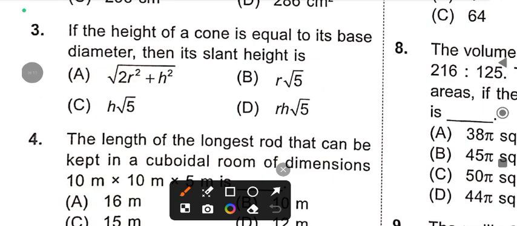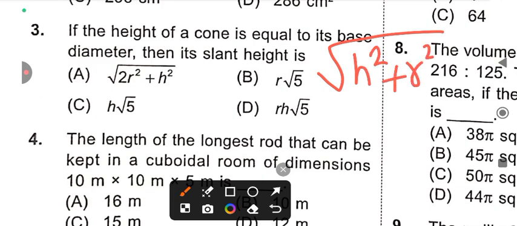The formula of slant height of the cone, we can represent it by l is under root of h square plus r square. Now in the question it is saying that height is equal to the base diameter, so the height of the cone is equal to diameter, that is 2r.